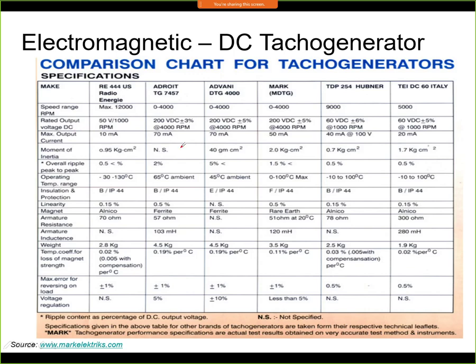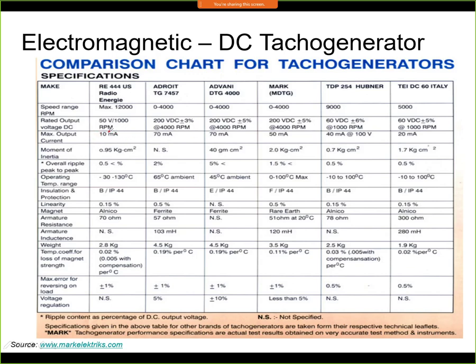In some cases it can be a larger voltage, but here it's virtually the same, because they specify 200 volts at 4000 RPM, which is nothing else than 50 volts for 1000 RPM. But you can find DC tachogenerators that have 2 volts for 1000 RPM, the smaller ones, or you can find DC tachogenerators that have 80 volts for 1000 RPM.